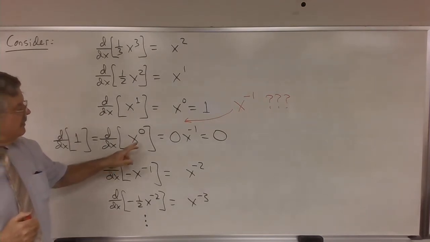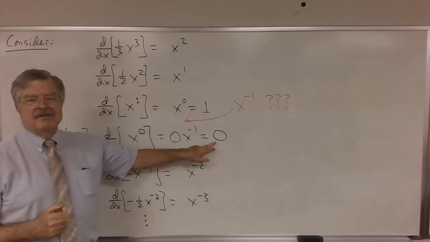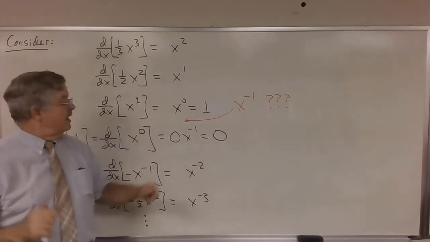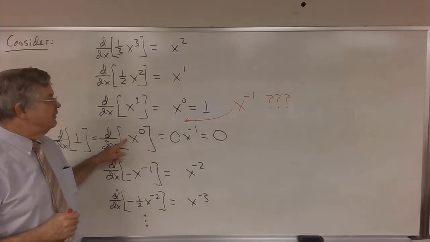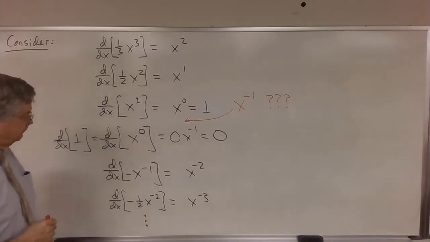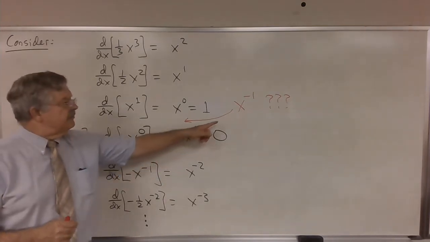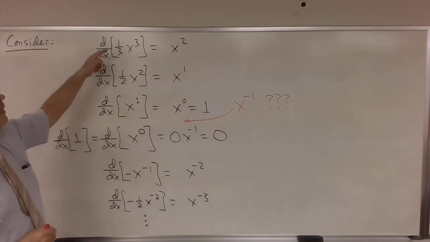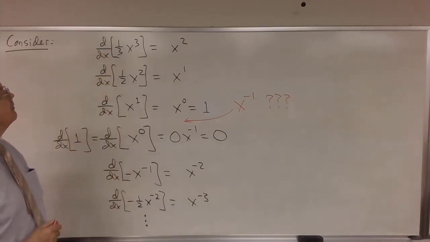Now, if we compute the derivative of x to the 0, we get 0 times x to the -1, but that's just 0. And no constant that we put out front here is going to change this derivative from being 0. And to get x to the -1, we've run through all of the usual suspects.